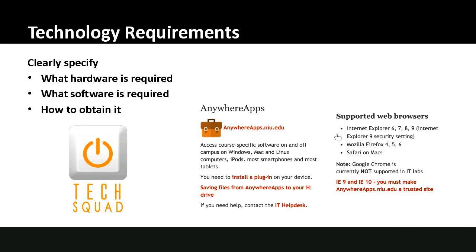And so if there's a software that's really important to your course, and your students are going to need it, you're going to want to make sure that they know that if they have a Google Chromebook, they will have to find an alternative computer, whether it's going to their public library or borrowing a friend's computer for that particular purpose. Just, again, letting them know what they need, how they can get it, and what they're going to need it for.